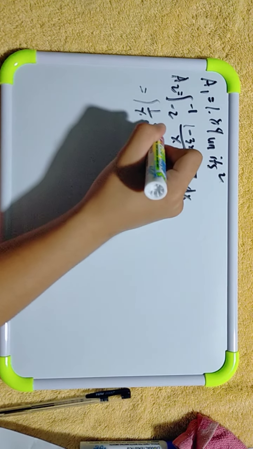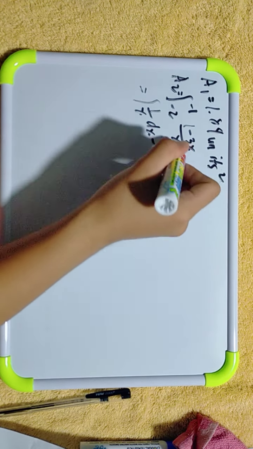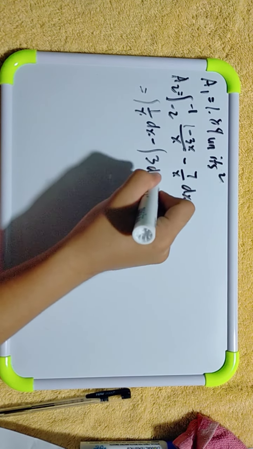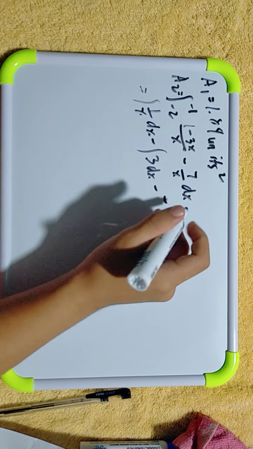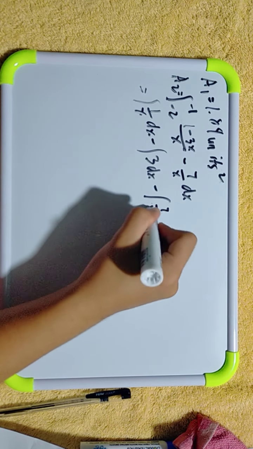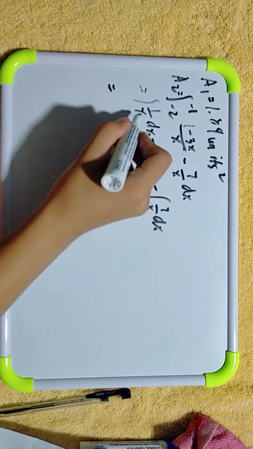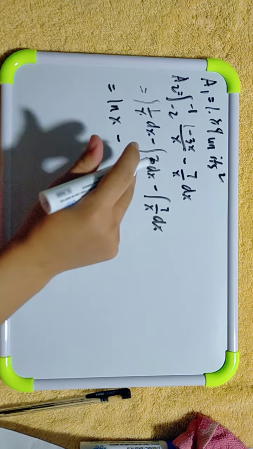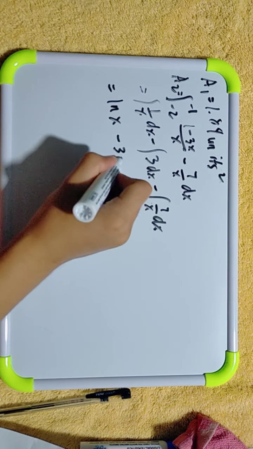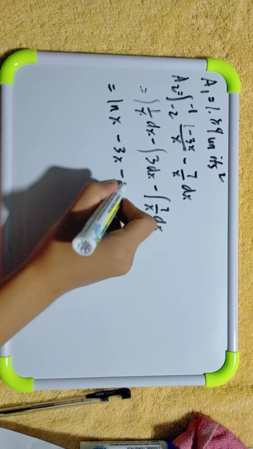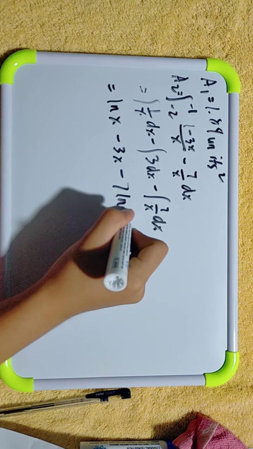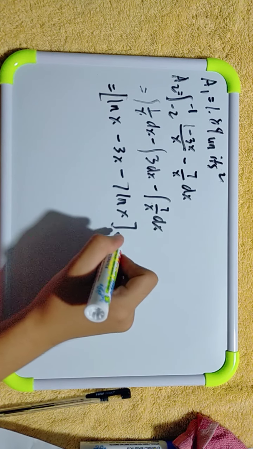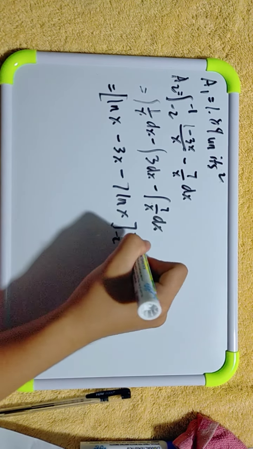So, 1 all over x dx minus 3x all over x is simply 3 dx minus the integral of 7 all over x dx. And then, integral nito is ln x. And then, integral ng 3 is 3x minus 7 ln x. And then, dito na natin ulit ibabalik yung ating limits, which is yung negative 2 to negative 1.